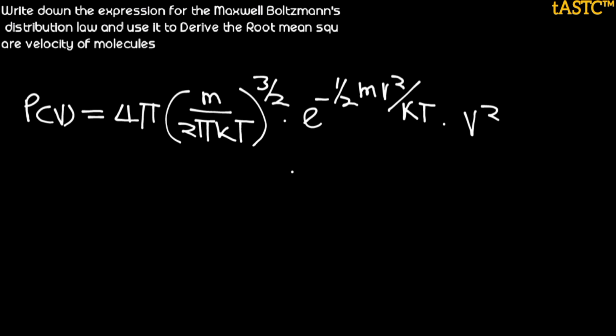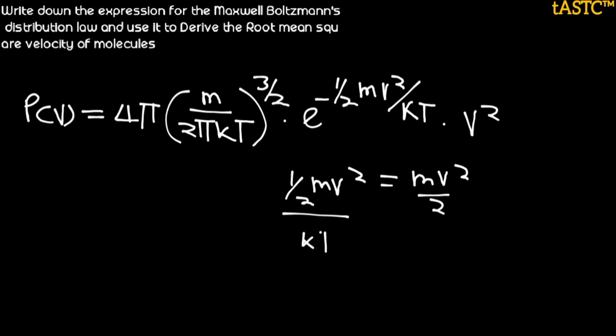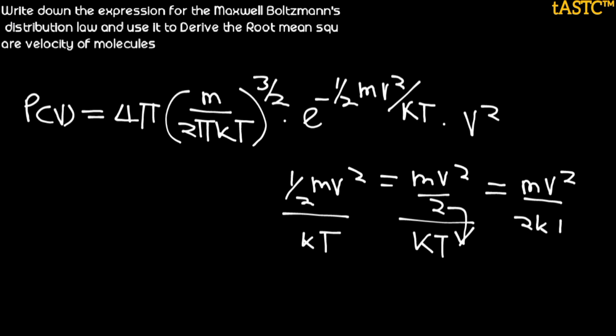Now we already know that a half mv squared could be rewritten as mv squared divided by 2. Now, if we take kT as the common divisor of this whole stuff, that will leave us with mv squared divided by 2kT.